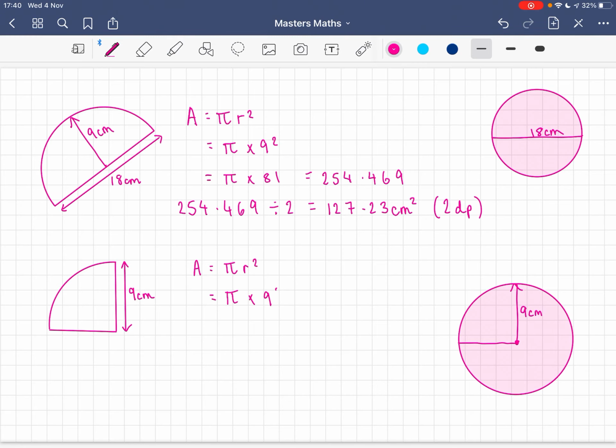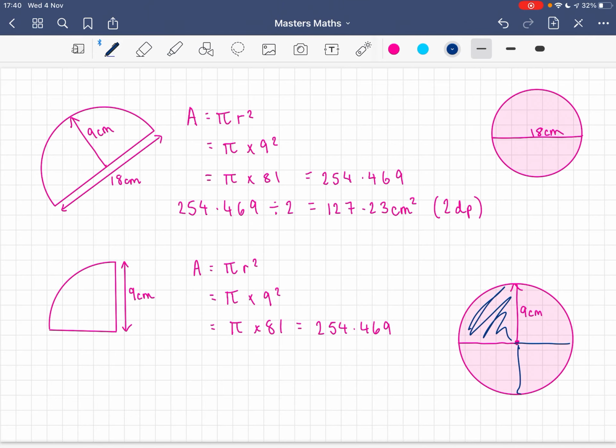Pi multiplied by 9 squared is pi times 81, which I've already worked out is 254.469. I'm going to divide that by 4 this time because I have a quarter of the circle. Yeah, we have split that circle into 4 parts and we only have one of them. We have that part.